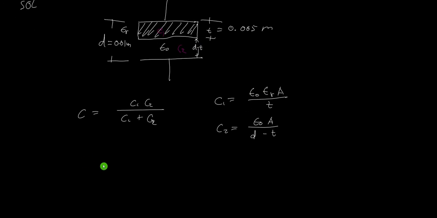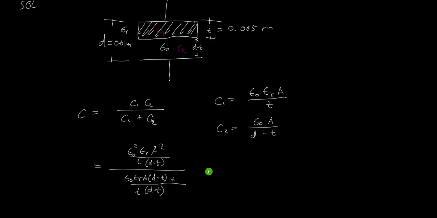Then we substitute that in our formula, so we have epsilon naught squared, epsilon R times area squared, all over T times D minus T. Then all over, we add them. So we have T times D minus T, and this will be epsilon naught, epsilon R times A times D minus T. That's C1.